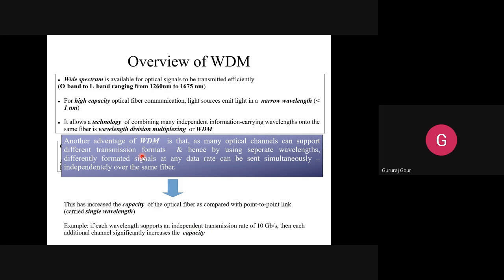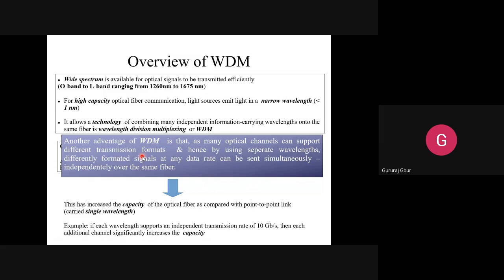For example, if channel 1 is supporting the European 32 channel frame format, channel 2 is supporting the American frame format. Channel 3 is supporting some kind of audio format to transmit the audio signal. And channel 10 may be carrying text in a different kind of format. Like that, it is supporting multiple channels with different unique formats with unique wavelengths.